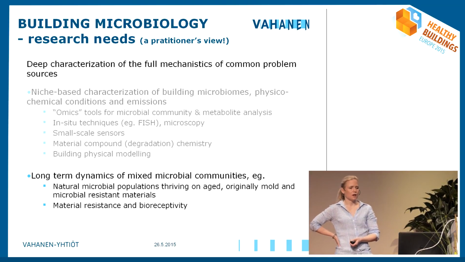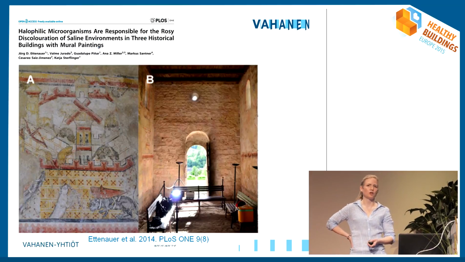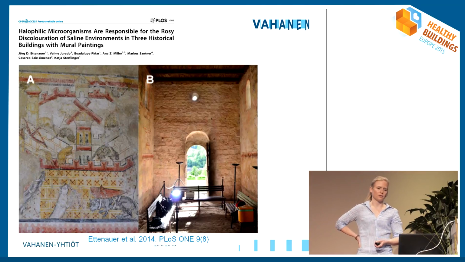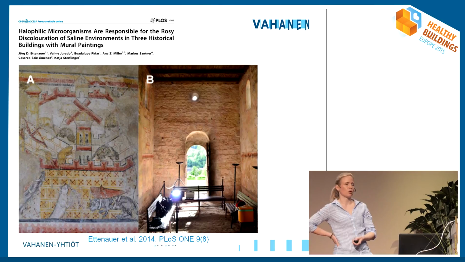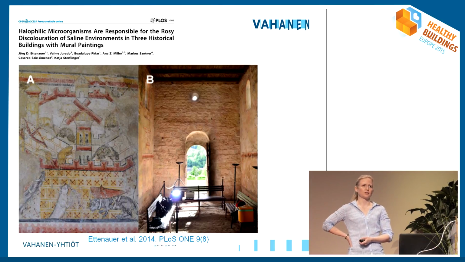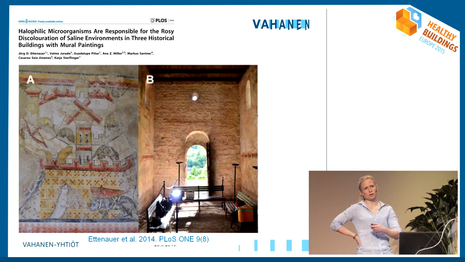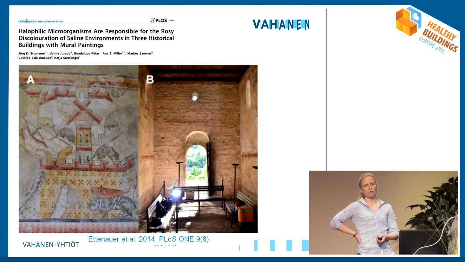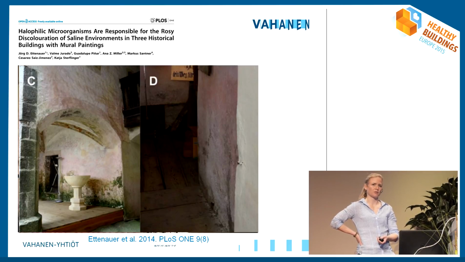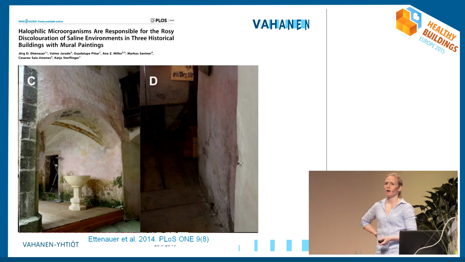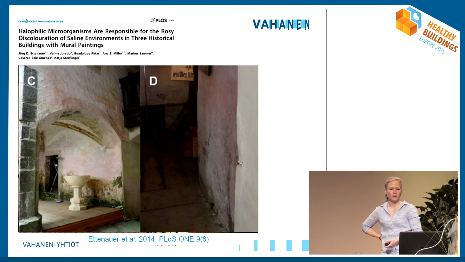I will skip something. There is a nice example of what has been found using molecular methods in specific environments. This is of very ancient mural paintings, so solid stone-based, brick-based structures, which look like this. They were looked into by using cultivation, to see what kind of bacteria you would find there. They found a bunch of specific bacteria that are growing in that kind of materials, but using DNA-based techniques, sequencing, the bacterial diversity looks like this.